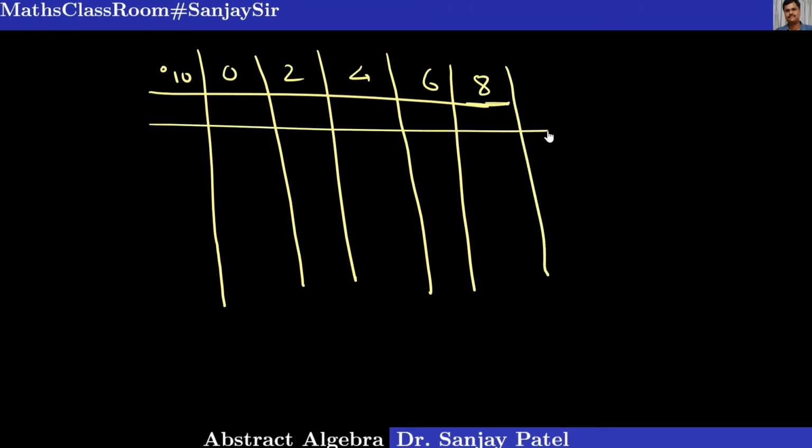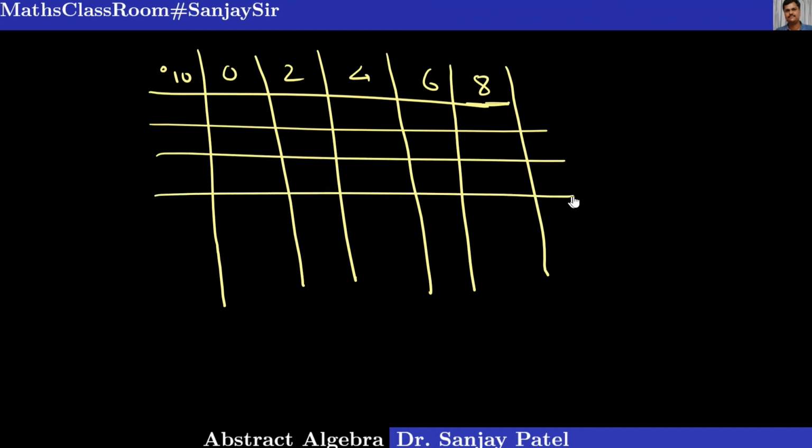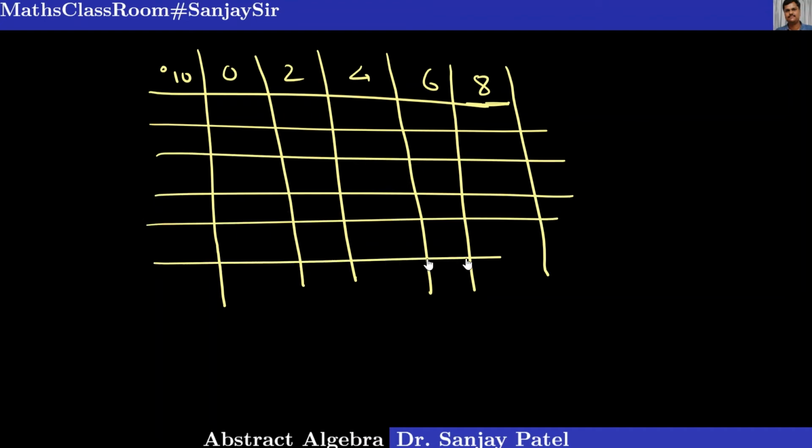And again 0, 2, 4, 6, 8. And now we have to use the operation of multiplication modulo 10. If you multiply any element with 0, you will get 0. So let me fill all this with 0. 2 times 4 is 8, 2 times 6 is 12 means 2, 2 times 8 is 16, and 16 modulo 10 is 6.